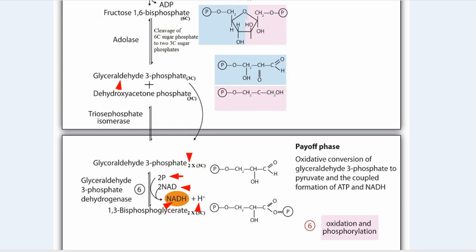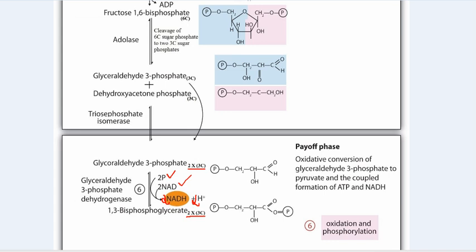This has been converted into that. So together we can understand, as I told you many times, that this reaction will occur 2 times for 2 molecules of 3 carbon. So we'll use 2 phosphate, 2 NAD, we'll get 2 NADH, we'll get 2H plus.